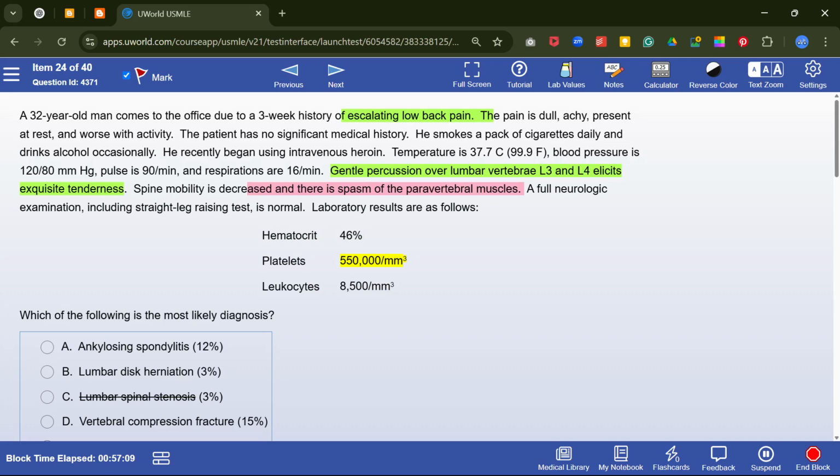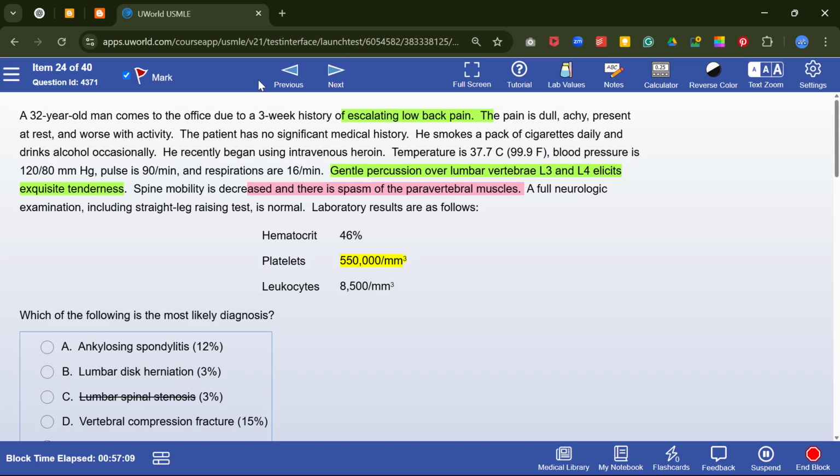Usually compression happens in the older age, isn't it? And it happens due to trauma, like he carries a weight, then low back pain starts.